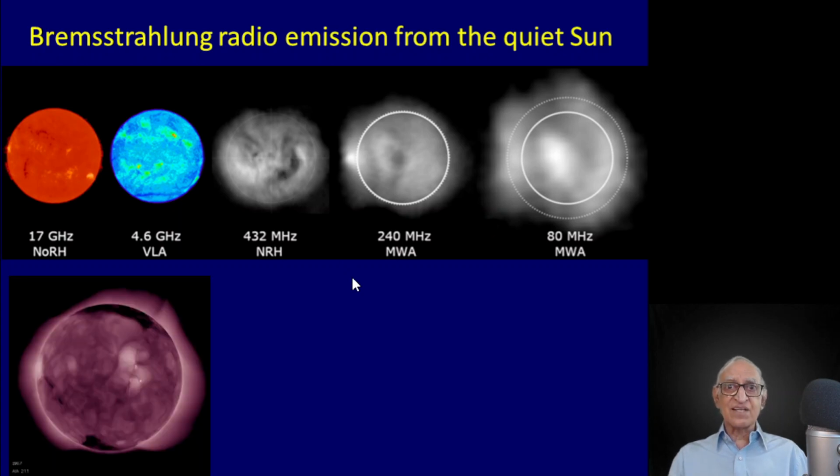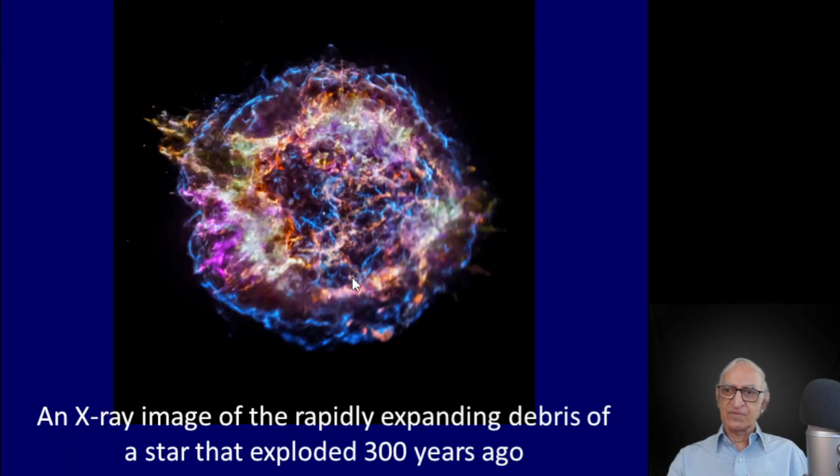If you look at the sun with an X-ray telescope, say, for example, the Chandra X-ray telescope, you see the sun is bright in X-rays. Once again, this is due to Bremsstrahlung, very high energy electrons scattering off the ions.